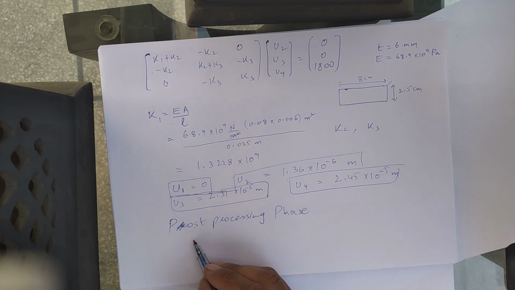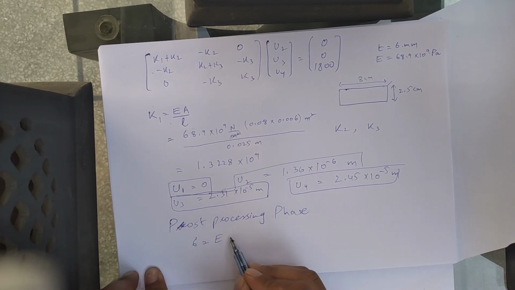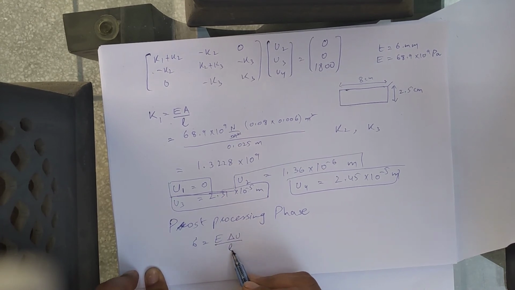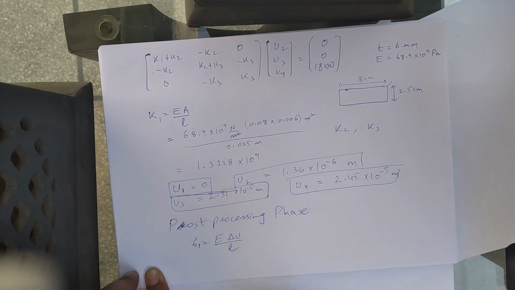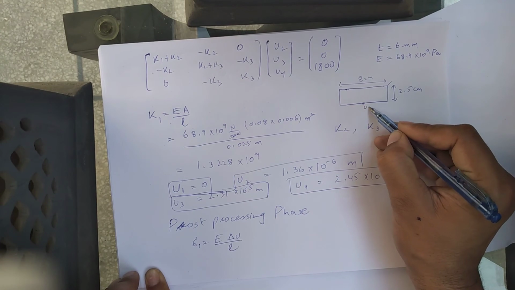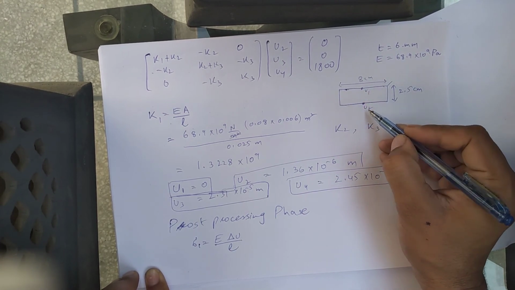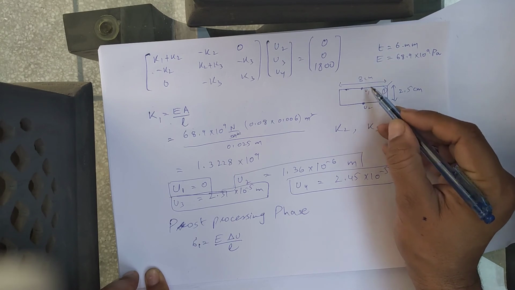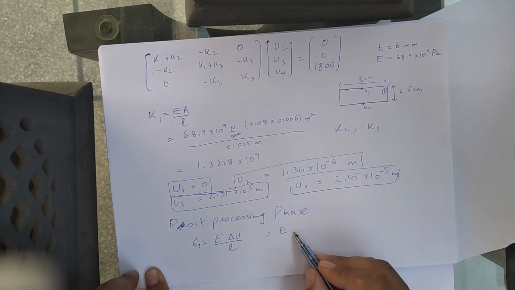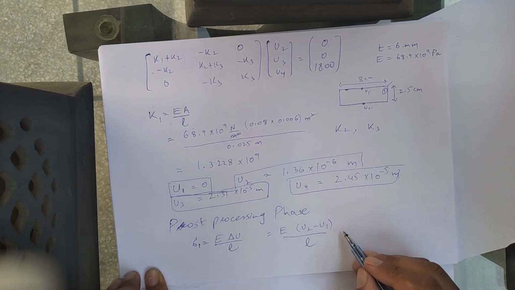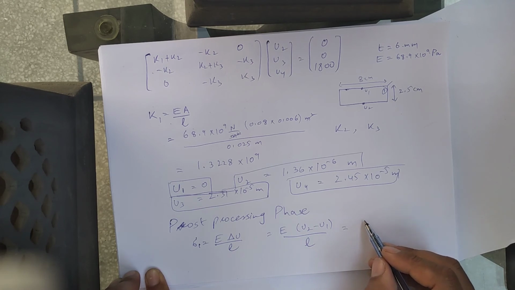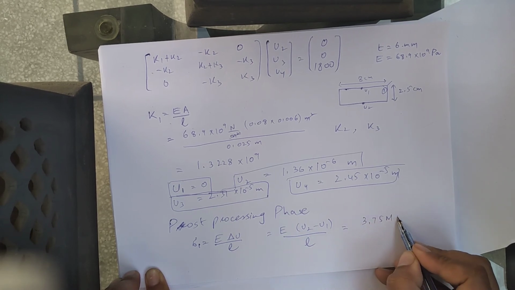For example, if we want to calculate the stress from here, what we will do is we will just have E delta U over L. That will give us the stress. For element number 1, we have the two nodes, that is U2 and U1, so we will have U2 minus U1, E. We have the value of E, the value of U2, the value of U1, and the value of L. We'll put it in this equation and we'll get the stress, that is 3.75 megapascal.